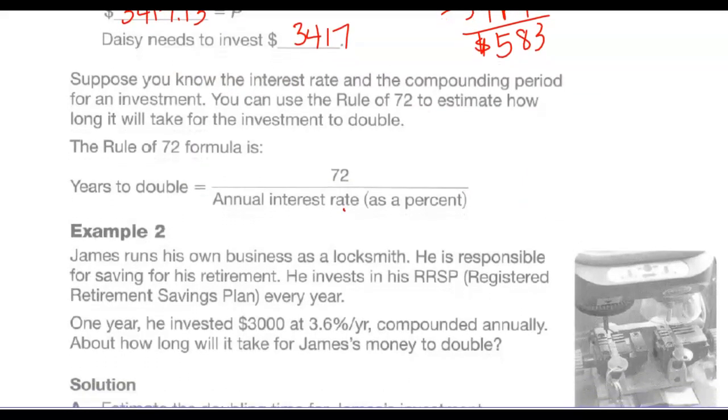So James runs his own business as a locksmith. He's responsible for saving for his retirement. He invests in an RSP every year. One year he invests $3,000 at 3.6% per year, compounded annually. About how long will it take for James's money to double?